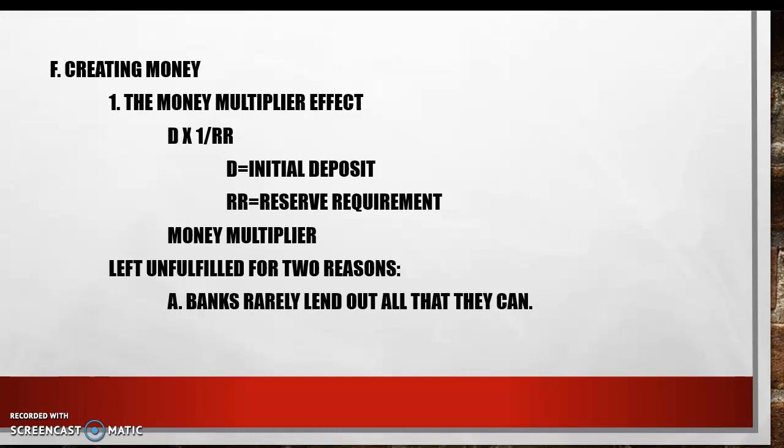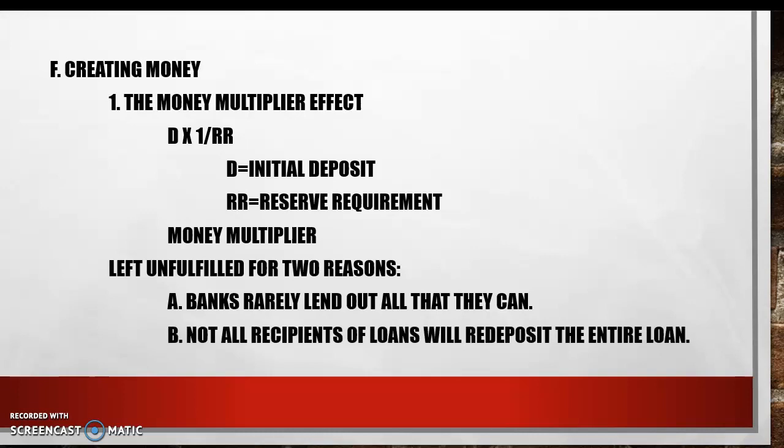Letter A, one reason is banks rarely lend out all that they can. Just because they can lend out 90% of the money doesn't mean they're going to. Historically, banks have tended to hold slightly more of their depositors' money on reserve than the Fed requires. And second of all, letter B, not all recipients of loans will redeposit the entire loan.